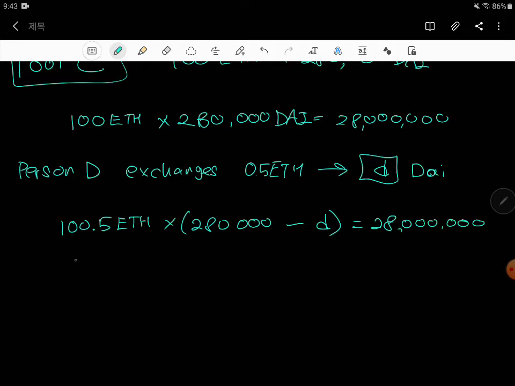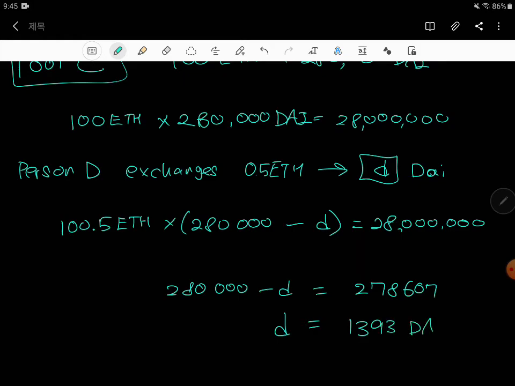Okay. So let's compute this. So if you compute this, you get 278,607. So the D here you have 1,393 DAI.